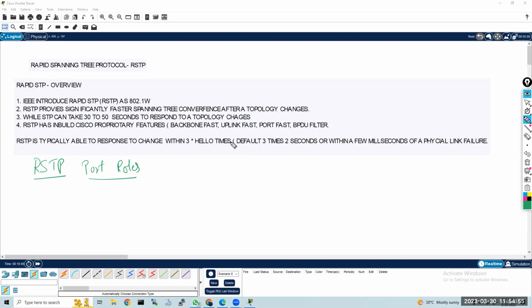So let me write it down rather than explaining here. Backup and alternate, I'll write it down here. RSTP roles. A root port: what does root port mean?